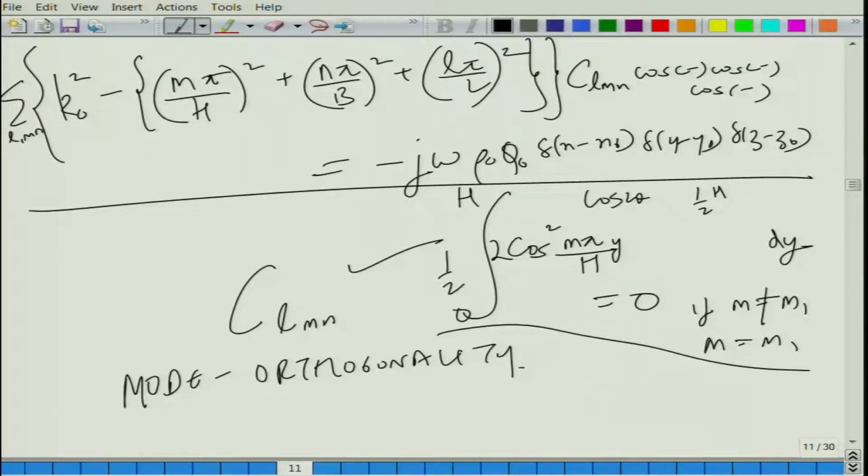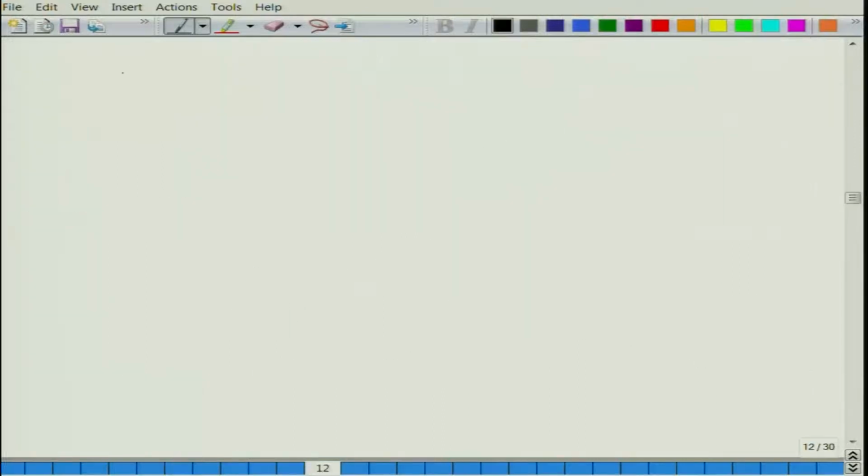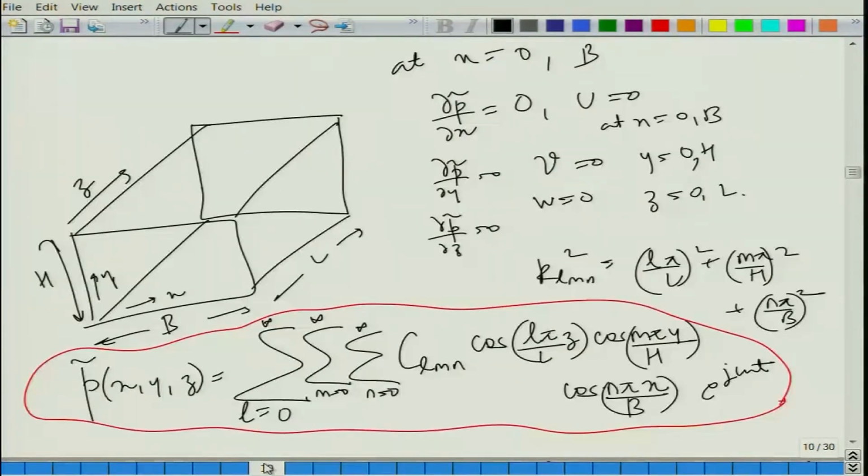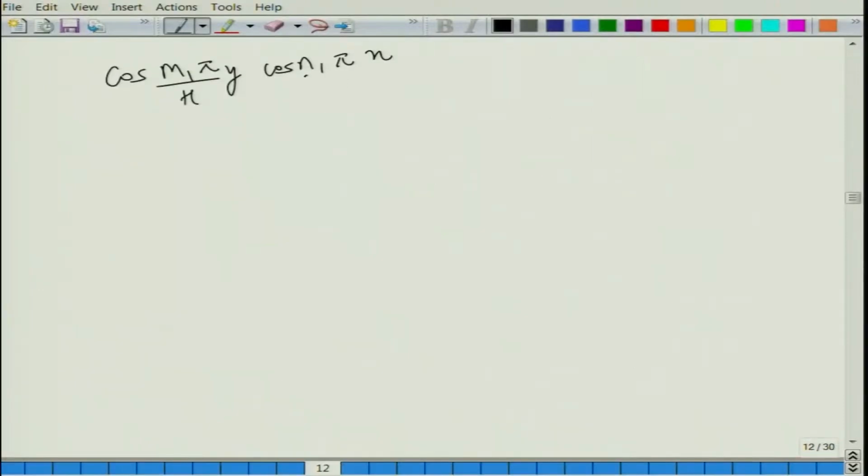So, we will multiply this equation, let us say equation 5, with cos(m1 pi y by h) and cos(n pi x by b). We will multiply both sides by this, multiply both sides.